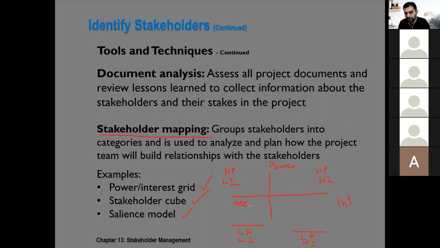They will normally be low in priority, and you just keep on monitoring them because their interest level may change later. And you might have to shift them into this quadrant, because in this quadrant are the people who have less power but high interest, and you treat them differently. And what do you think? How should they be treated?